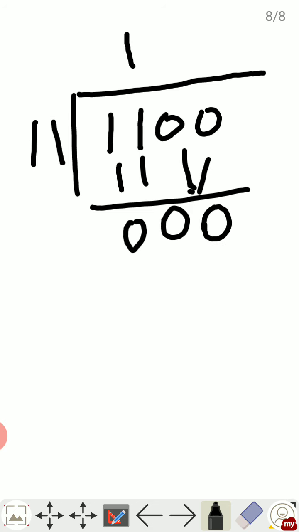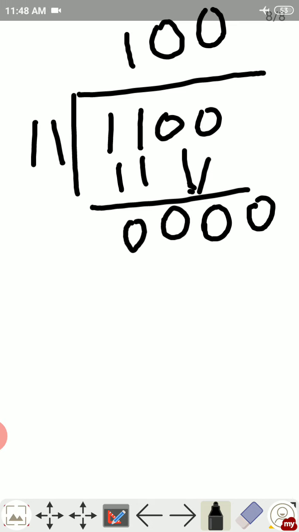Here 0 and one more 0. So this will go 0 times, and one more 0. So we write down over here 0. So this is how we do binary division and multiplication.